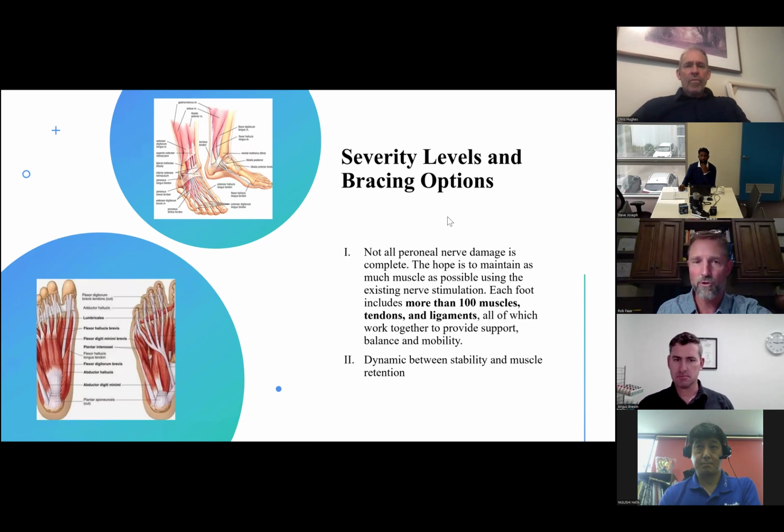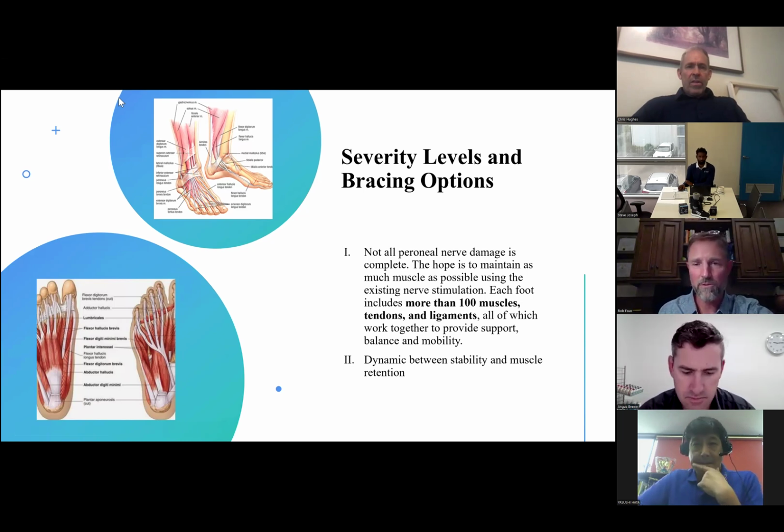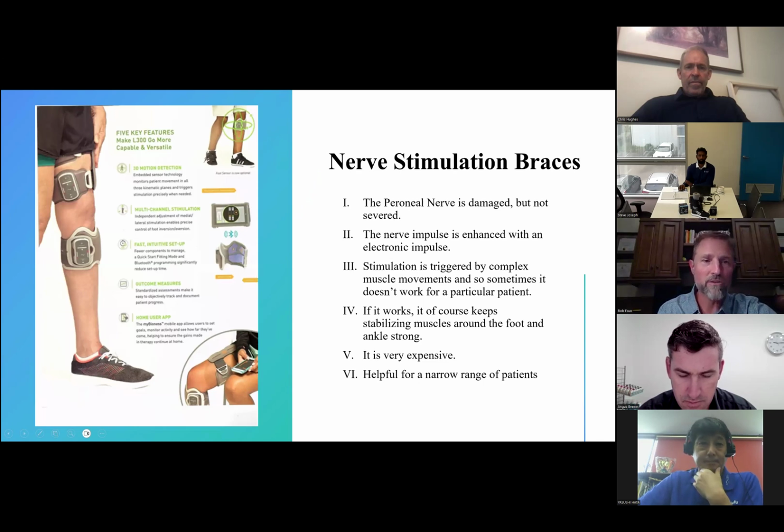Some patients get partial injuries. Others will have significant and catastrophic foot drop. And so different braces seem to work for different people. When it's not complete, our hope is to either stimulate the muscles needed in some way, or support them statically with some type of bracing. On the market, there are options for stimulation braces.